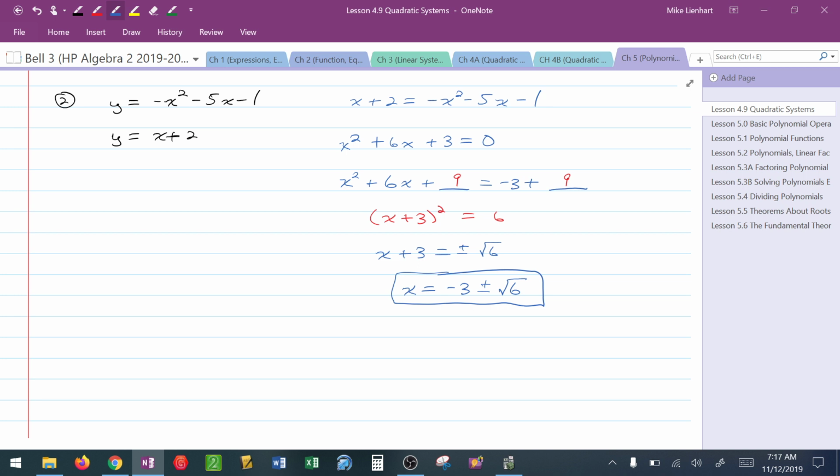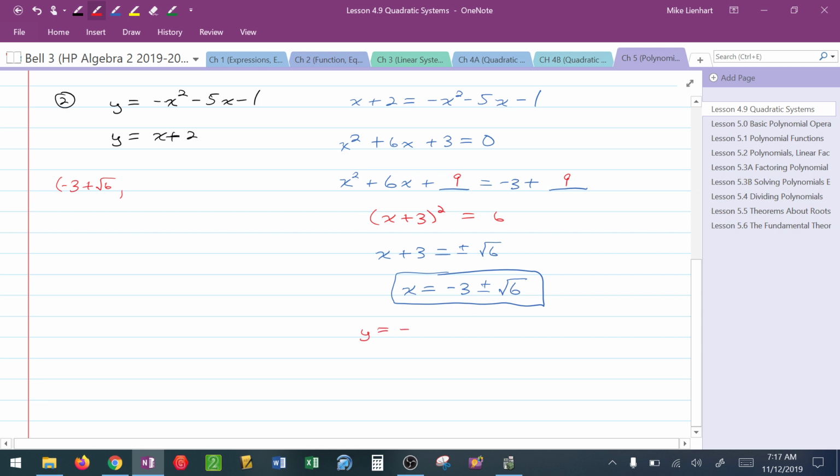So now I need to find the corresponding y values. So let's write this first x down. I have negative 3 plus the square root of 6. All right. To find the corresponding y to that x, I'm going to substitute it into that second equation.